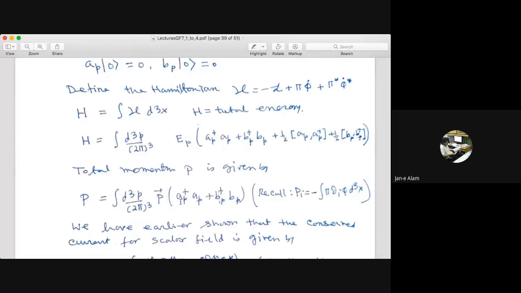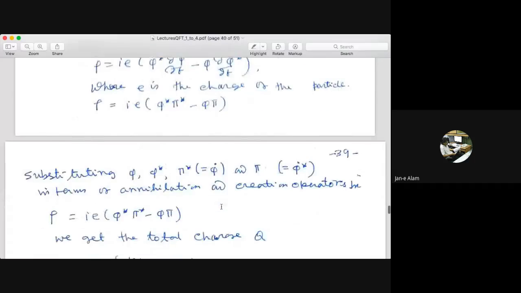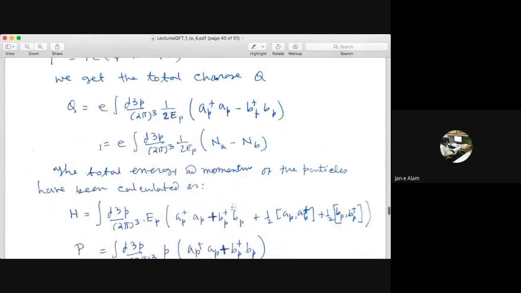When you calculate the energy, you just add up the total kinetic energy of those particles, right? And for the momentum too, you just add up their momentum, right? But please note that in the total charge, they are coming with the opposite sign, right? So that indicates that there is a relative change in sign between the particles A and B. That means if particle A has a positive charge, then particle B will have a negative charge.